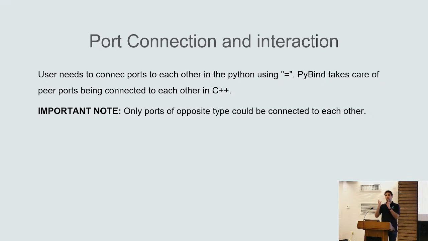In Python, you connect two ports using the assignment or the equal sign, and PyBind takes care of making sure that the C++ implementation of ports have pointers to each other. So every request port has a peer that is a pointer to a response port, and every response port has a pointer called peer that is a pointer to a request port. Any questions?